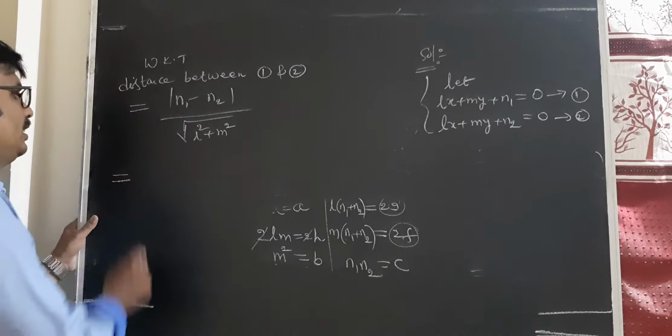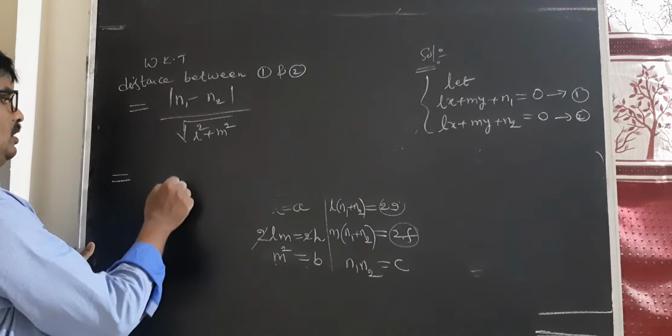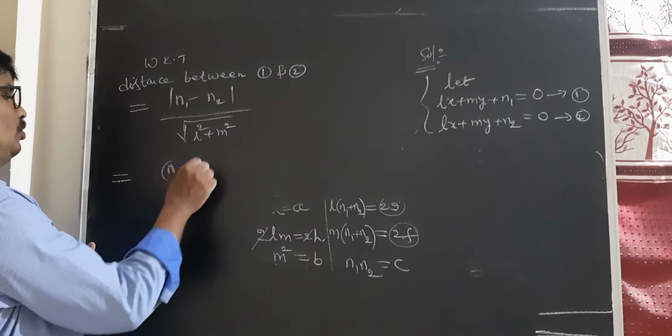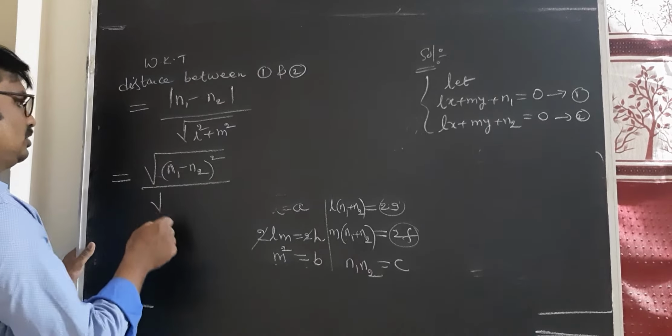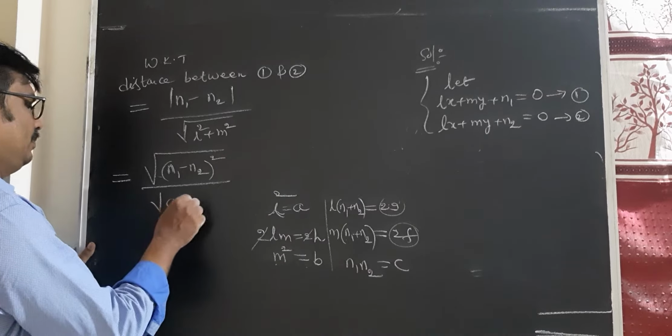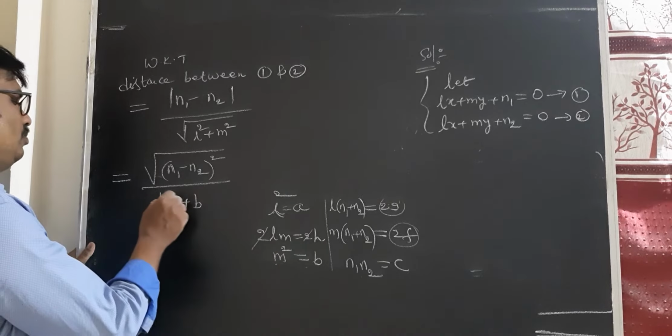This we can write, students, as modulus of n1 minus n2 whole square under root of a plus b, since L square is small a and m square is small b.